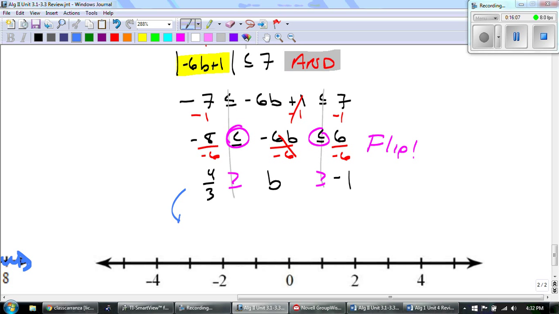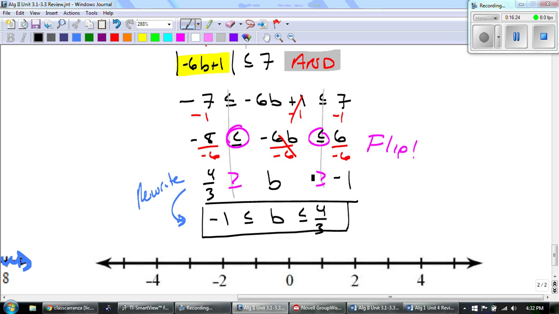And then remember, if we divide by a negative, we're going to have to end up rewriting this, pointing at the negative 1 and then pointing at the b.